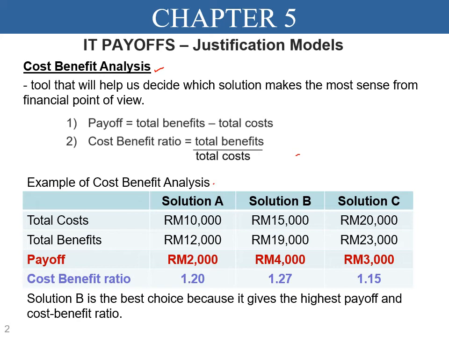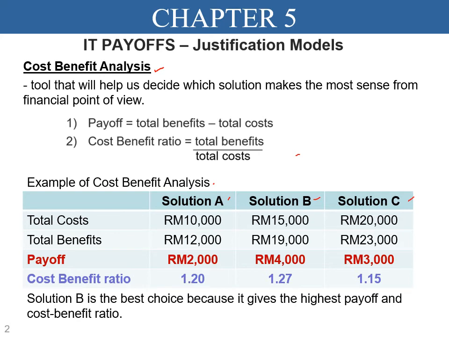Let's say in your proposal, you have three solutions, A, B, and C. You have the total cost, 10,000 for A, 15,000 for B, and 20,000 for solution C. You also have a total benefit, 12,000, 19,000, and 23,000.